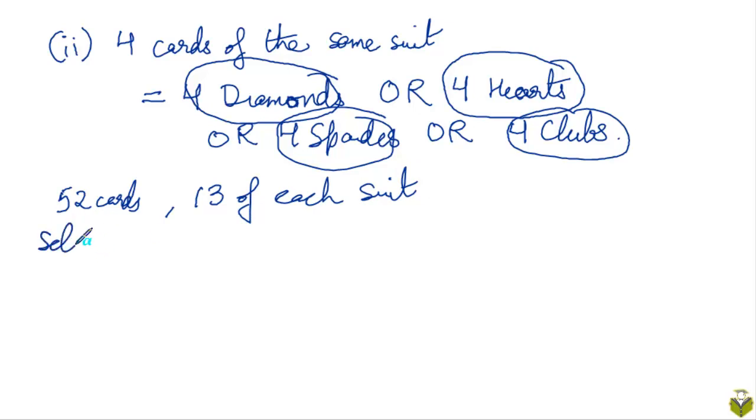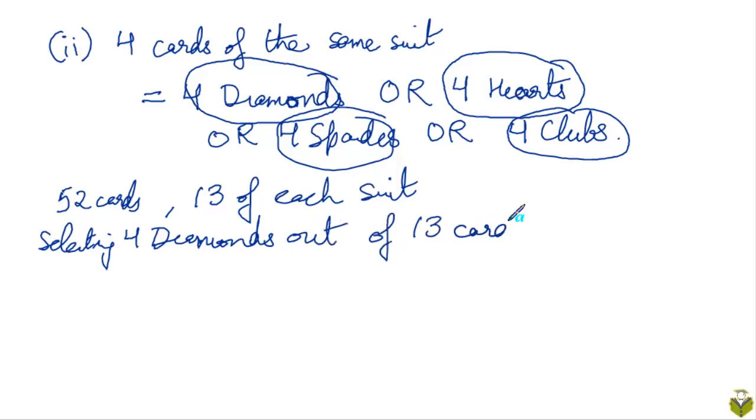So selecting 4 diamonds out of 13 cards, because you only have 13 cards with diamonds. This is again a very simple problem. What is the answer? It is just 13 choose 4, right?